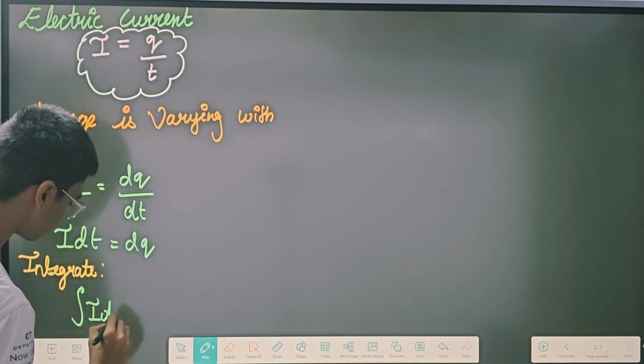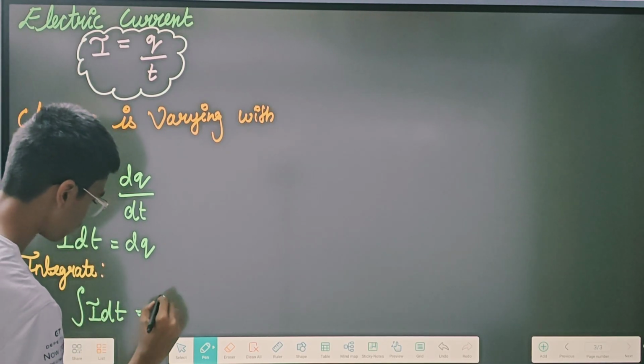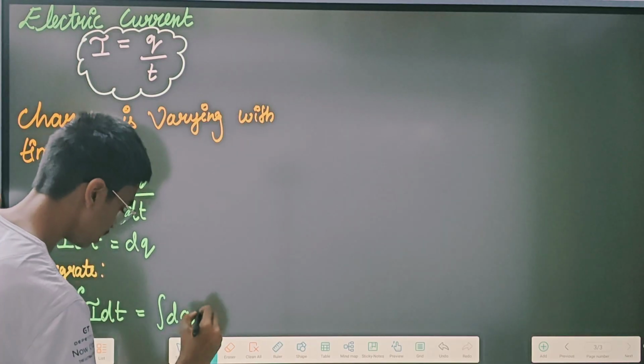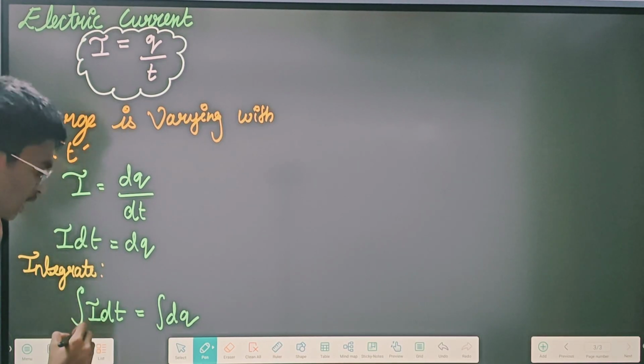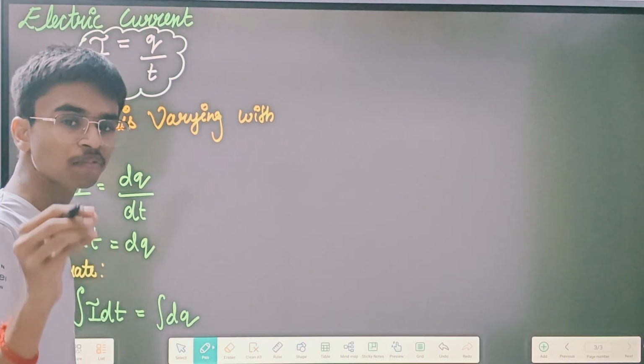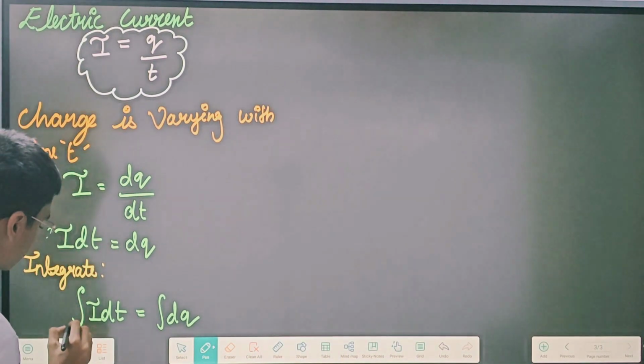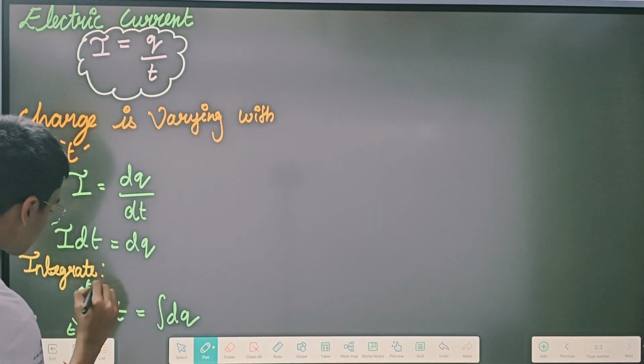I dt is equal to integration of dq. Since time t is there, you have to put limits. For integration we have to put limits. So here it is t1, here it is t2.